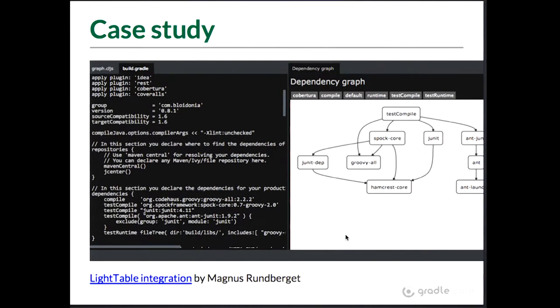So in the end, he did a really similar thing to what I wanted to present here, and that's the output that he got. He got the rendering of the test compile dependency for that project. So doing the same thing, building his own model, exposing that information from the build, asking from the Light Table process and rendering that in this application.